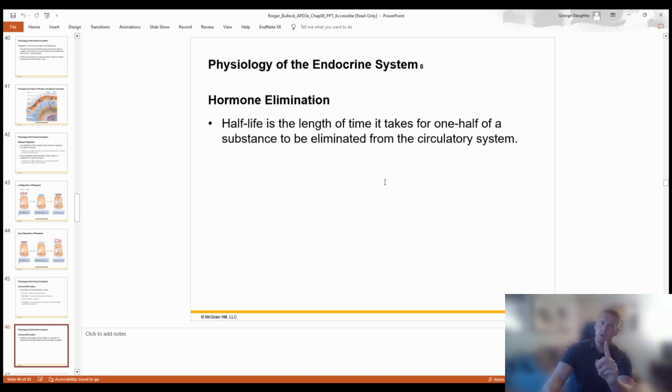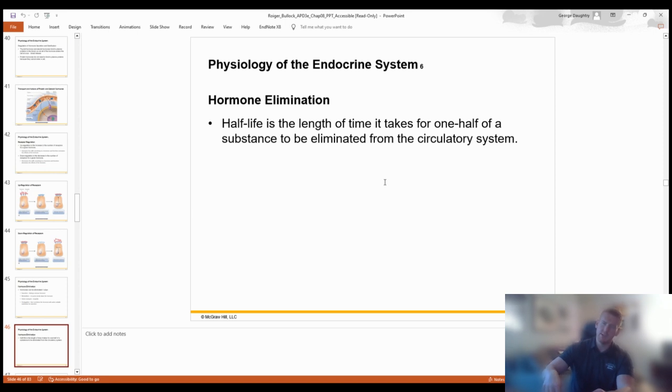Hormone elimination is also directly in relation to the half-life. Half-life is the amount of time it takes for half of the substance to be eliminated. So if something has a 5-hour half-life, that means it took 5 hours for half of the substance to be eliminated.